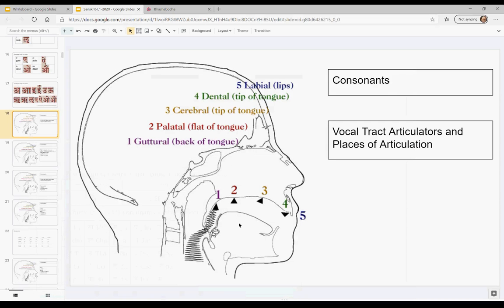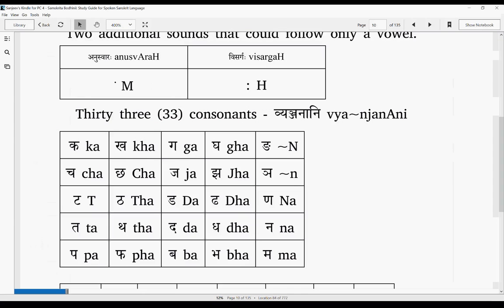The next line of consonants is produced by touching this part, which is called palate, or in Sanskritam it is called talu, with the top of the tongue, which is called jihva in Sanskritam. The next line, cha, cha, ja, jha, nya, is produced there.